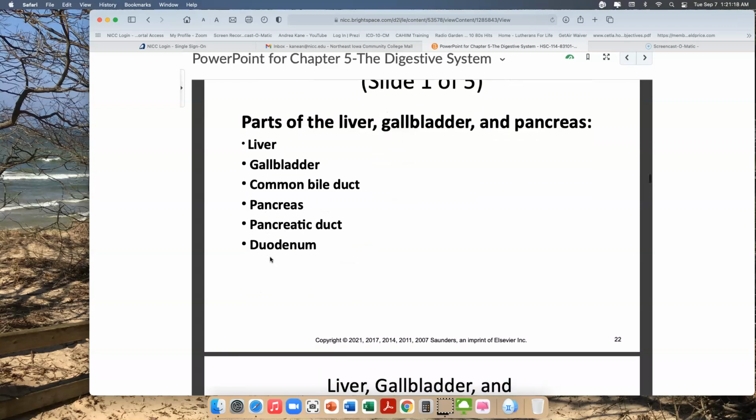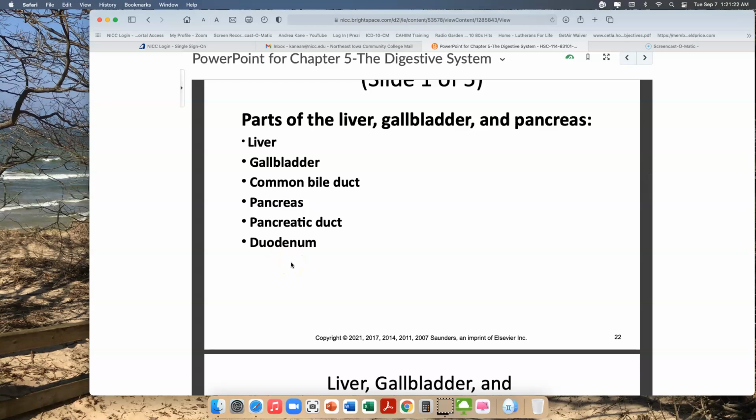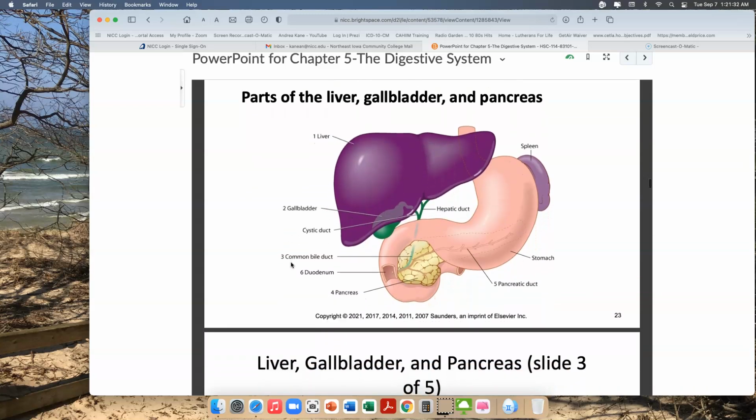There are also other organs in the digestive system, and these include liver, gallbladder, common bile duct, pancreas, pancreatic duct, and then we've talked about the duodenum, which is part of the small intestine. But here is a visual of that. The liver is this large purple area on the left on the screen.